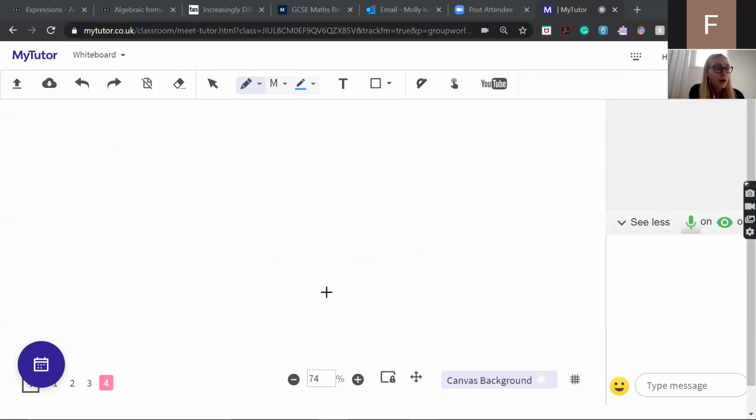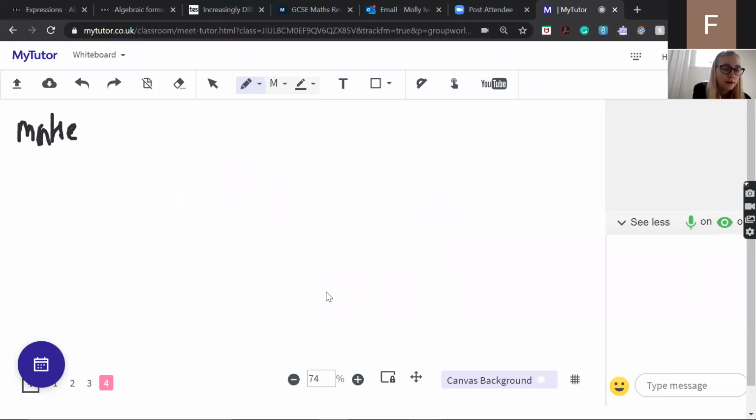So I've got some changing the subject questions that I'll go through. I'll try to do these a bit slower because I know that they can be difficult. I've got some extension questions as well, some harder ones for those doing higher or in year 11. So for example, that is awful writing, I apologise.